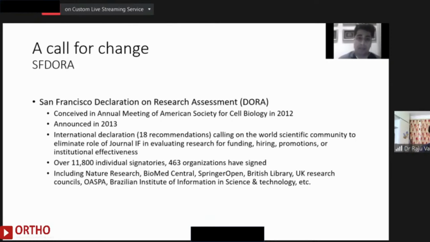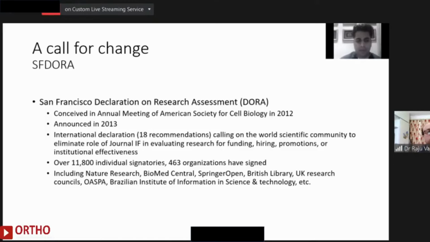And the San Francisco Declaration on Research Assessment, the DORA, was conceived at the annual meeting of the American Society for Cell Biology in 2012. They announced that the world scientific community needs to eliminate the role of this journal impact factor in evaluating research for funding, hiring, promotions, or institutional effectiveness, because it's very skewed, and it skews towards more senior journals, senior authors, and senior or older organizations and journals.